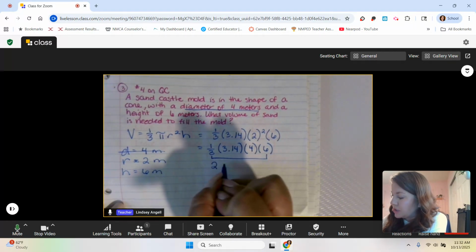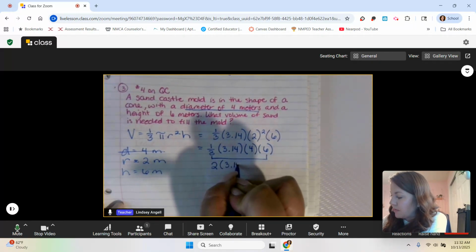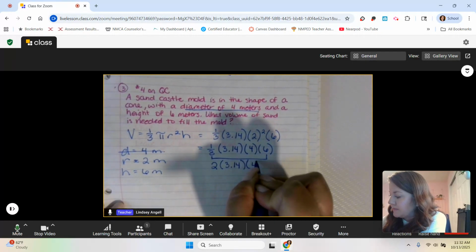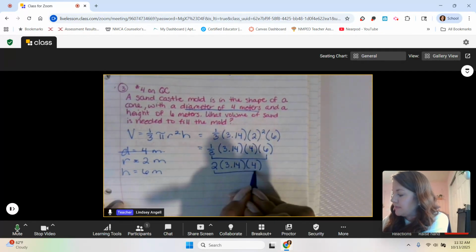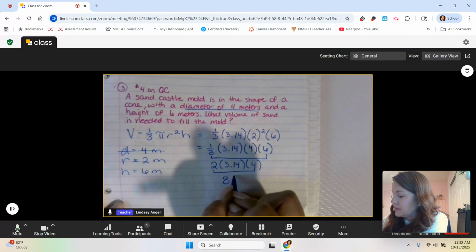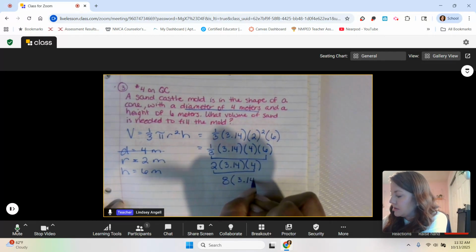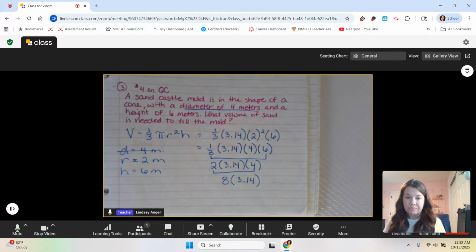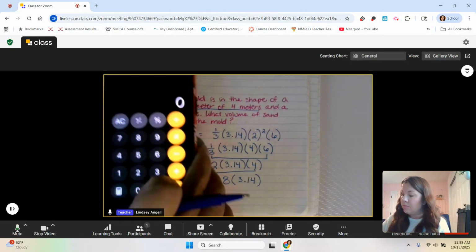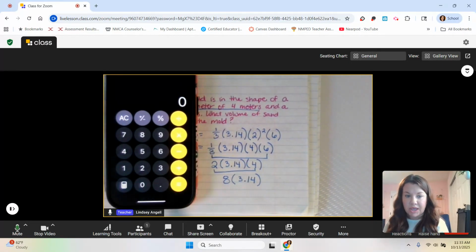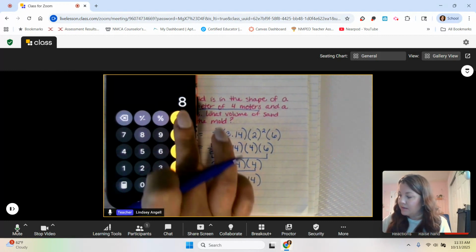So I'm going to say 2 times 3.14 times 4. Well, 2 times 4 is 8. So we have 8 times 3.14. And again, this is where I'm going to pull out my calculator. We could solve it with the traditional algorithm, but I'm not going to today.